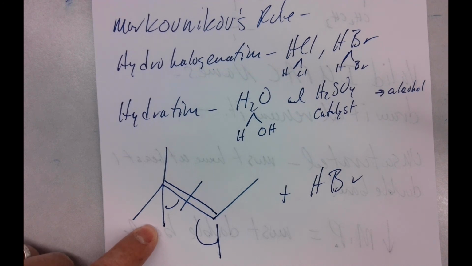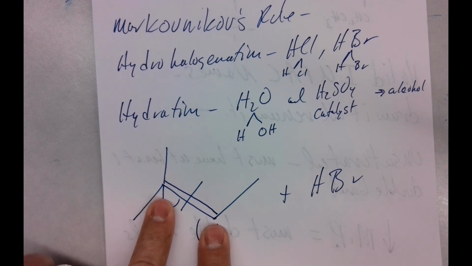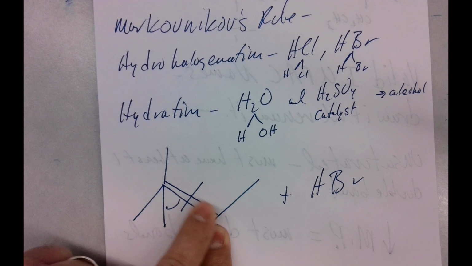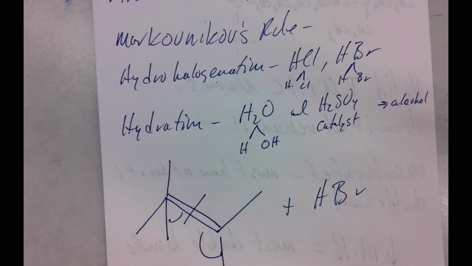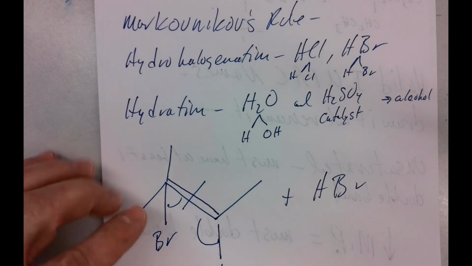The H goes on the right, the H is over here. Why? Because it has more H's than the one on the left. Before I drew these two lines in, how many H's did the right carbon have? 1. How many H's did the left carbon have? 0, right? So it had 1, it gets 1. Well, if the H goes there, the Br must go there. Double bond is now gone.